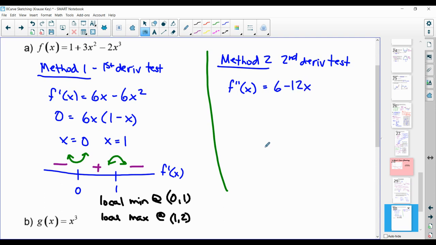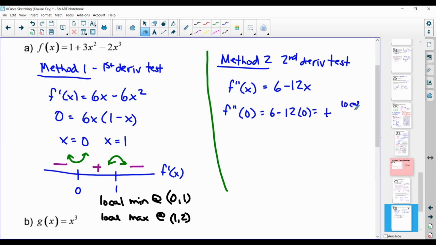Now we have our critical points from the first derivative, and when we sub those in, we check to see if it's positive or negative. So f double prime of 0 is 6 minus 12 times 0. It's not so important what that value is, but whether it's positive or negative. So we've got 6 minus 0, which is a positive value.